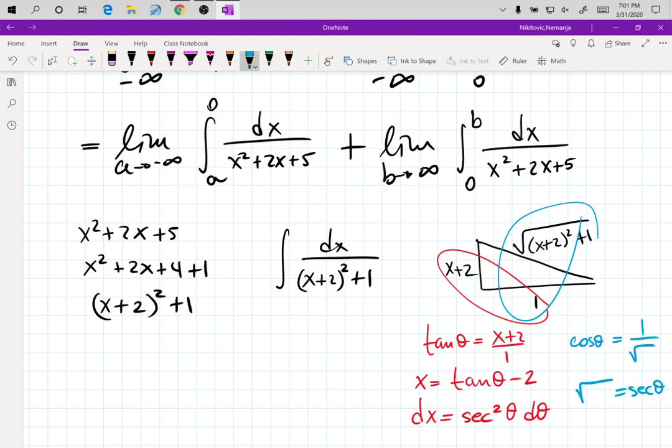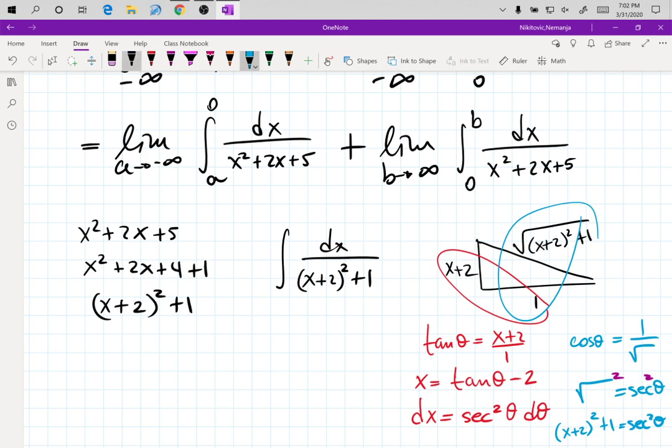Now we need to square both sides, because this one does not have a square root, right? So when you square both sides, let's do that in a different color. There we go. You will get x plus 2 squared plus 1 equals secant squared theta. Good.